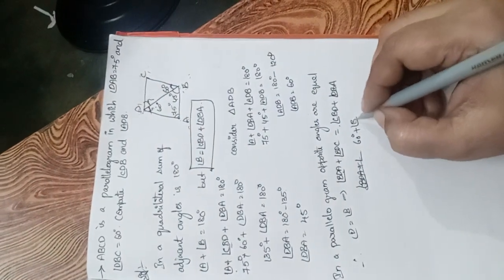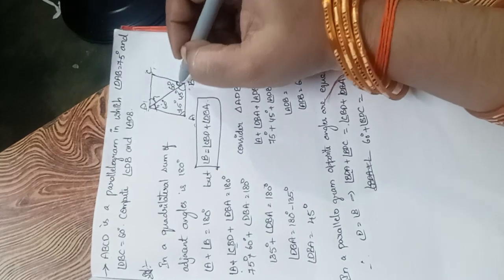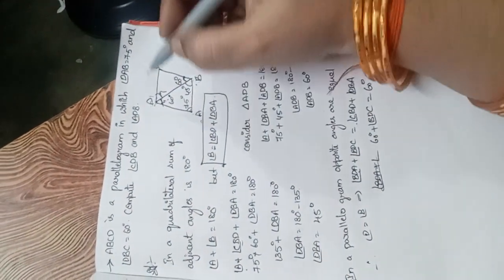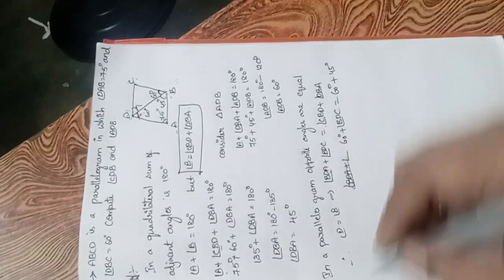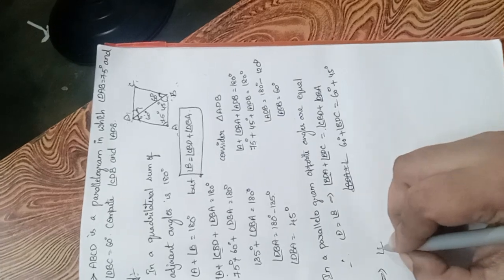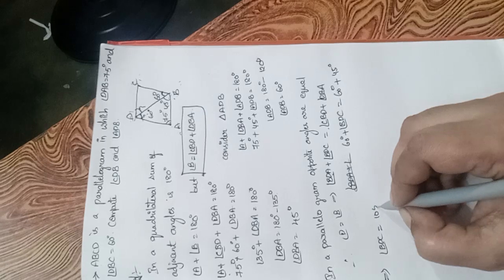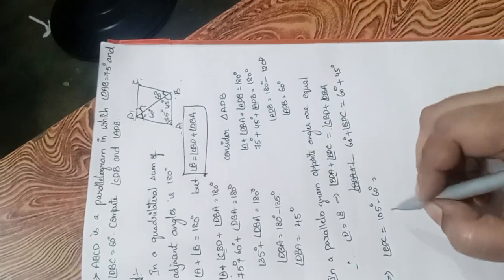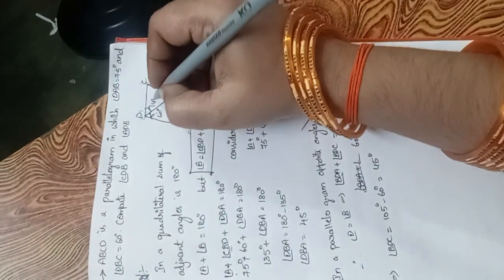So angle BDC equals angle CBD, that is 60 degrees, plus angle DBA, that is 45 degrees, which implies angle BDC equals 60 plus 45, which is 105 degrees, minus 60 degrees. This 60 goes to the other side. So what you will get? 45 degrees. So this is 45 degrees.